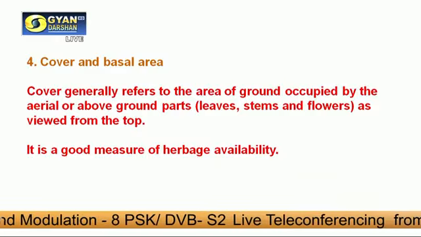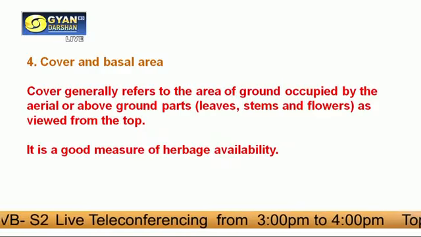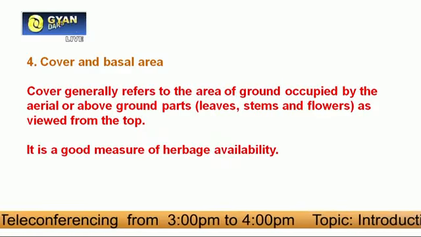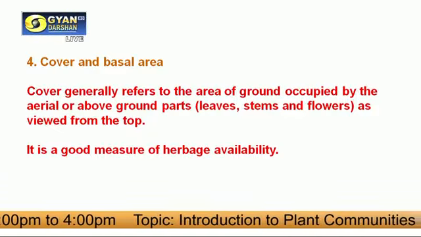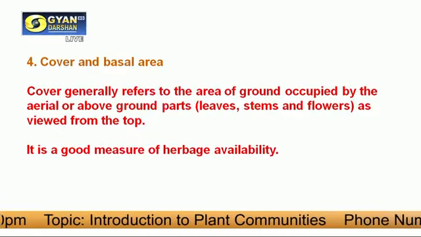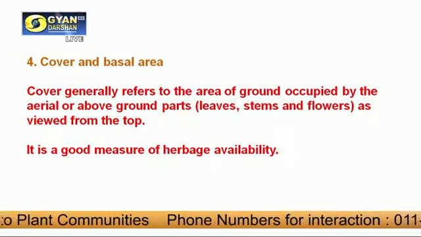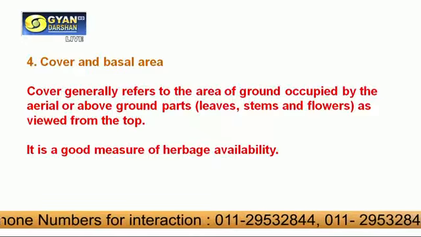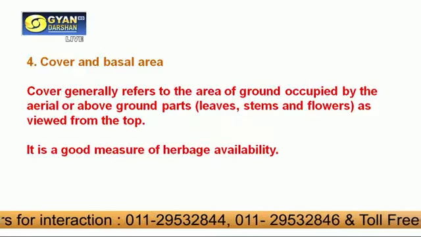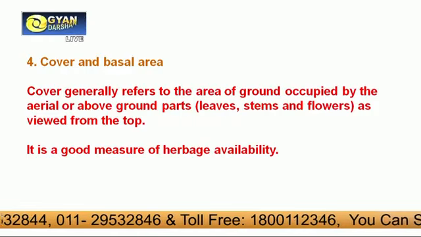So how much area is covered by these plant parts, that you have to calculate. So obviously you have to take a view from the top and see what is the area covered by the aerial or above ground parts. That is called the cover.